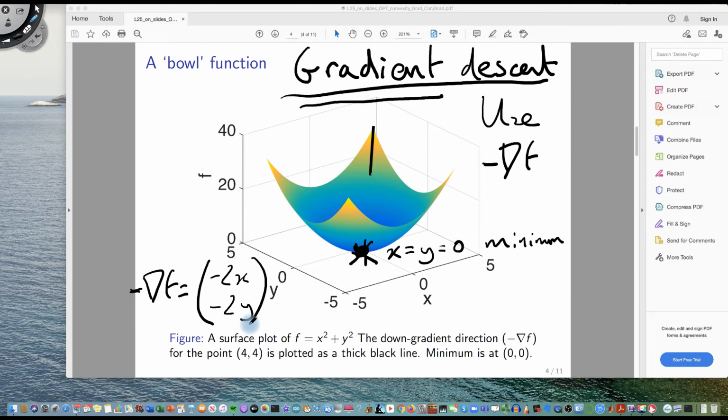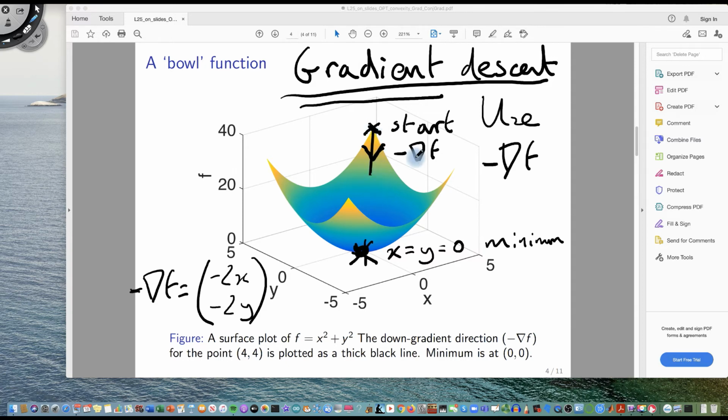So for any point x, y, so starting from this start point, minus grad f in this case is down here, and it's basically pointing straight to the minimum. Okay, but you get the idea.